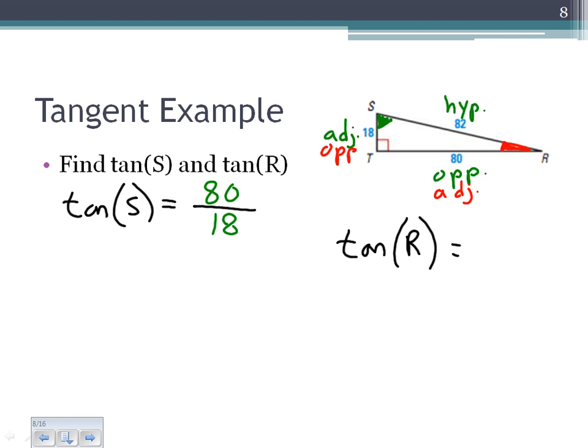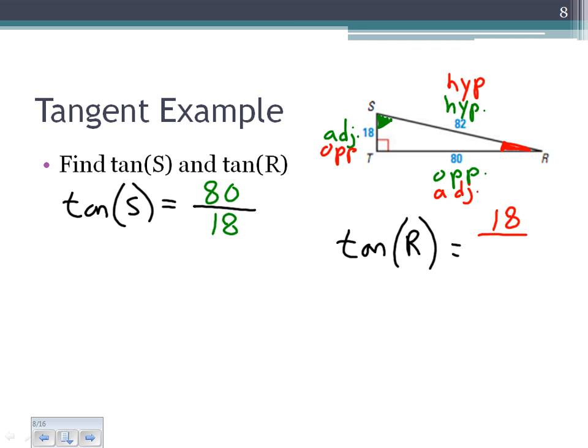What is always across from the right angle? Hypotenuse. And the hypotenuse is always the hypotenuse. It does not change. So notice how the opposite and the adjacent change depending on which way I look, but the hypotenuse is always going to be the hypotenuse. So what is opposite angle R? 18.